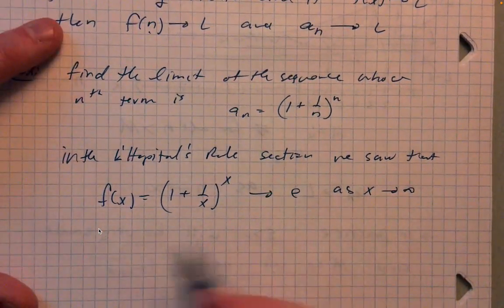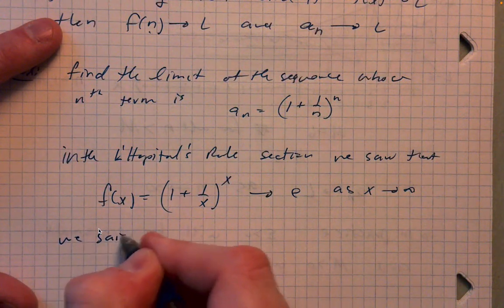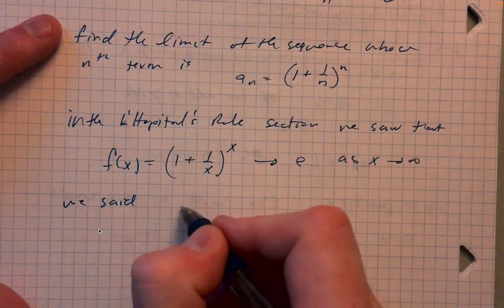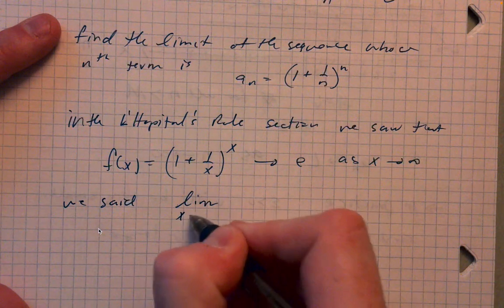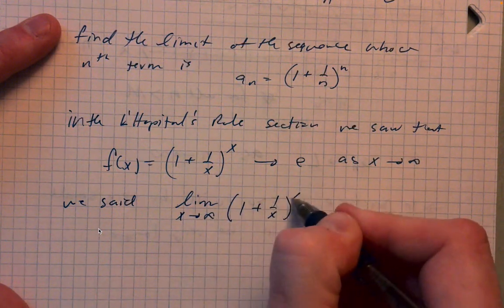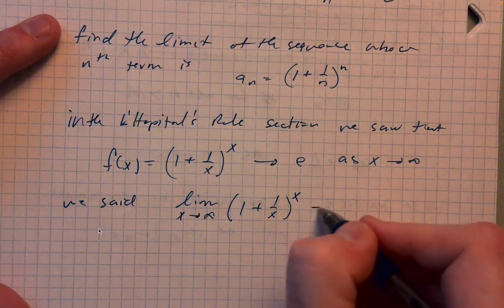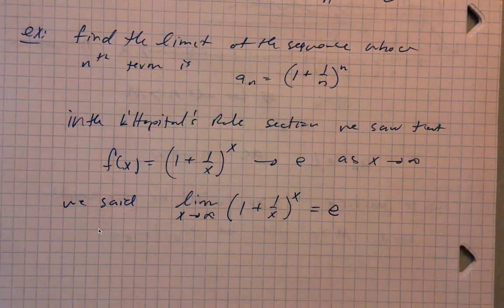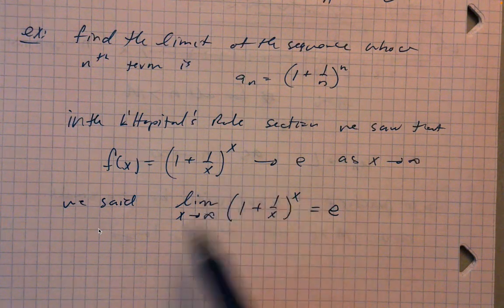What we said there precisely was that the limit as x goes to infinity of 1 plus 1 over x to the x power was equal to e. Now this was not a trivial limit to identify.